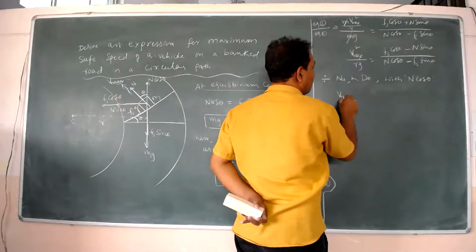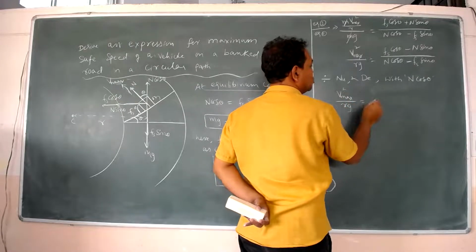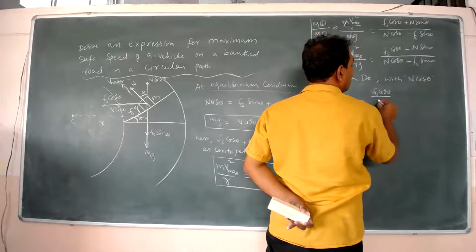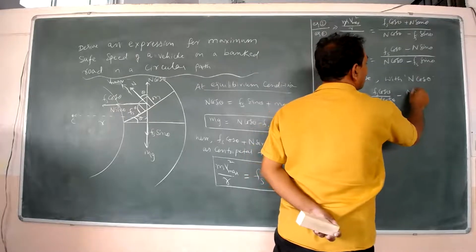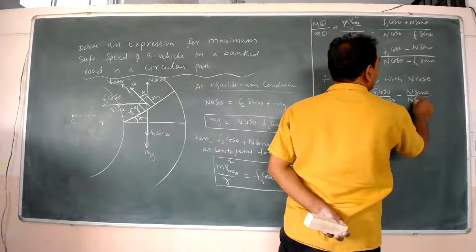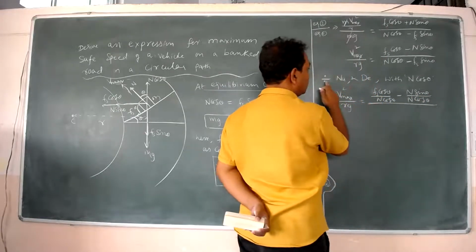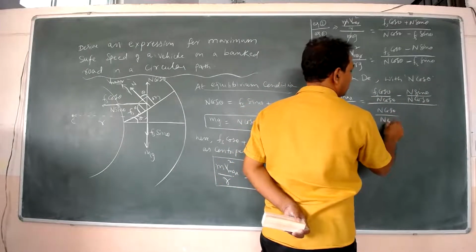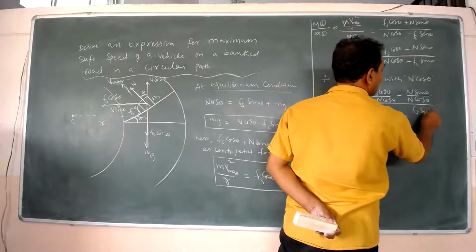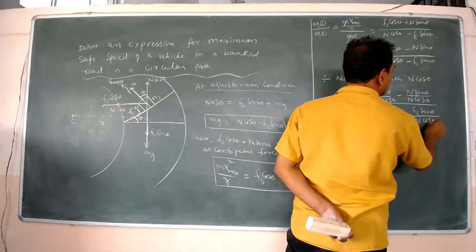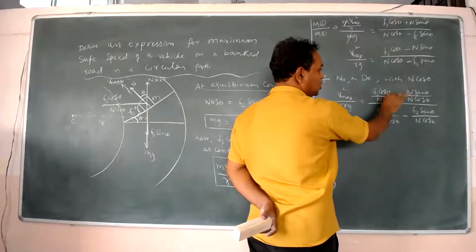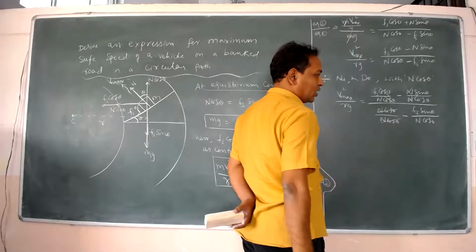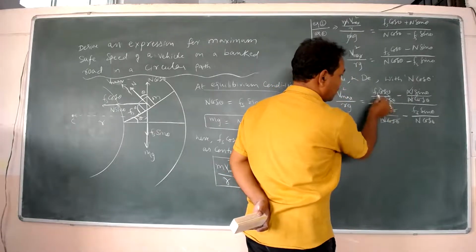That means V max square by Rg is equal to Fs cos theta divided by N cos theta plus N sin theta divided by N cos theta, whole divided by, in the denominator, N cos theta divided by N cos theta minus Fs sin theta divided by N cos theta. Therefore, cos theta gets cancelled, N gets cancelled, and N cos theta also gets cancelled.